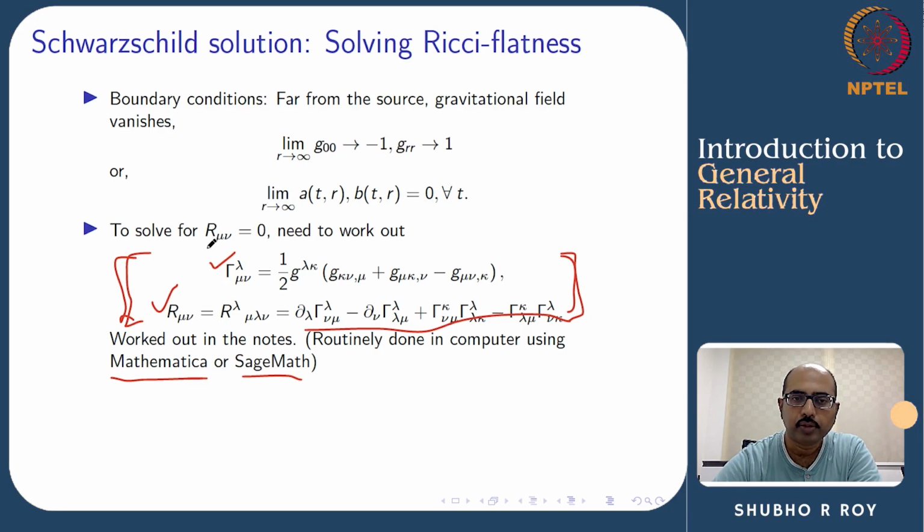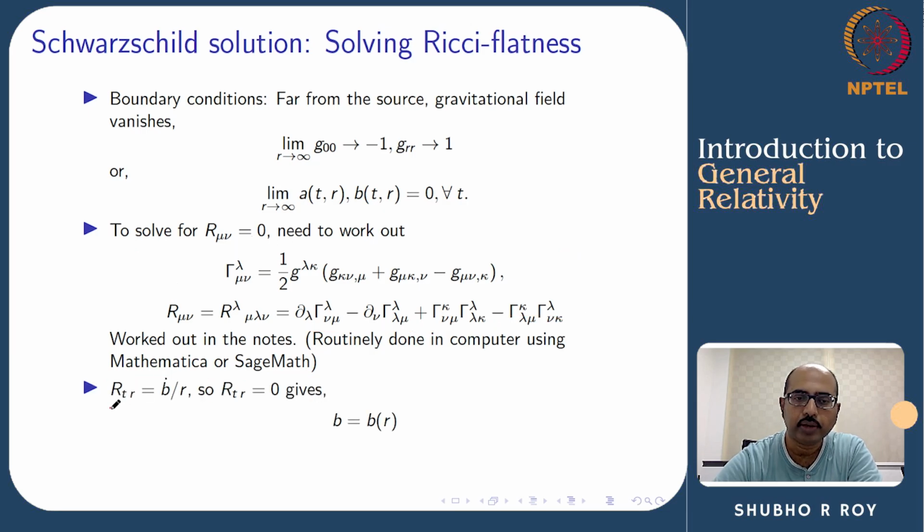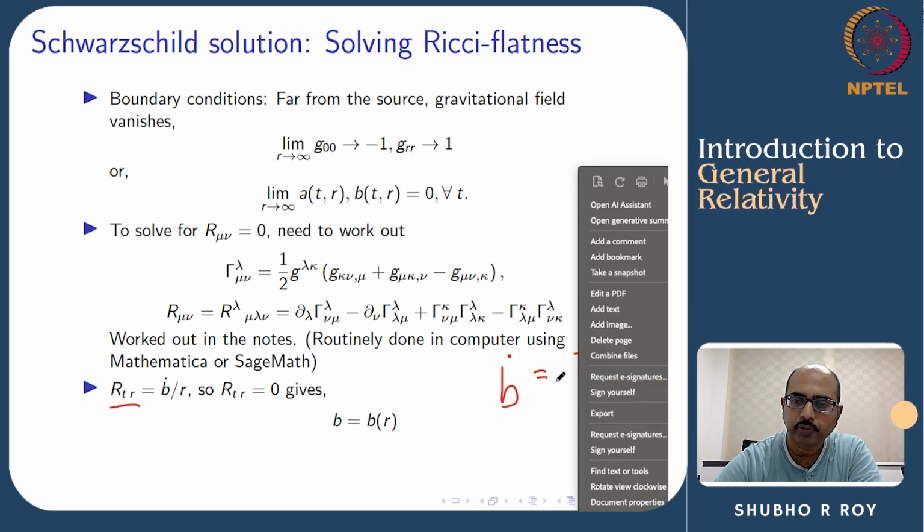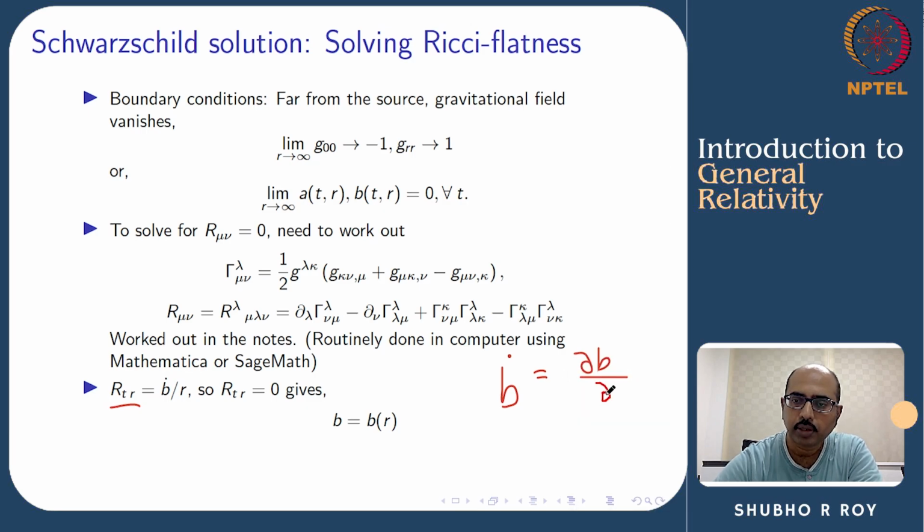Then we need to set those coefficients of the Ricci tensor to 0. So, for example, I can look at the TR component of the Ricci tensor. If you plug in the metric ansatz which I showed you, it turns out the TR component is B dot by r, where B dot, remember, is the partial derivative with respect to t, and I'm going to use prime to represent the derivative with respect to r.